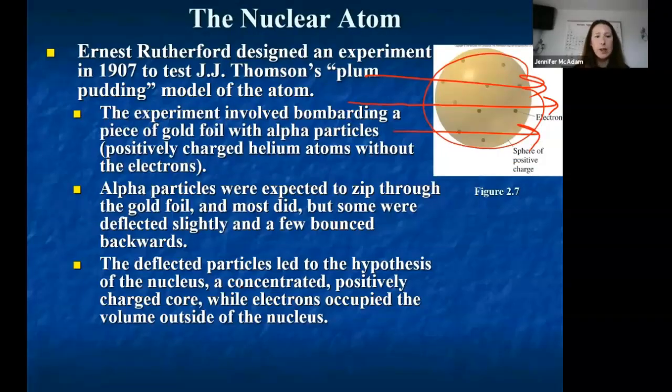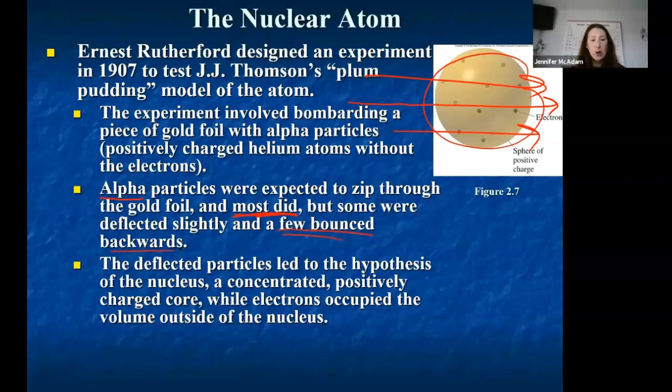So these alpha particles were expected to go right through our gold foil, and most of them did, but some were deflected slightly and a few actually bounced backwards. This led to the idea of a nucleus.